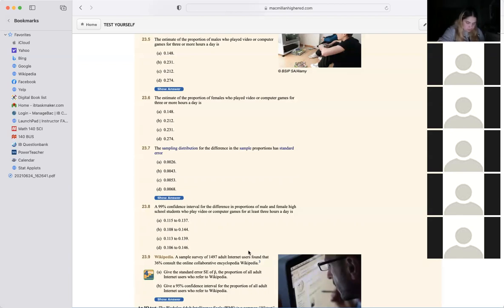And part B. Give 100% confidence to application. Internet users who refer to Wikipedia.